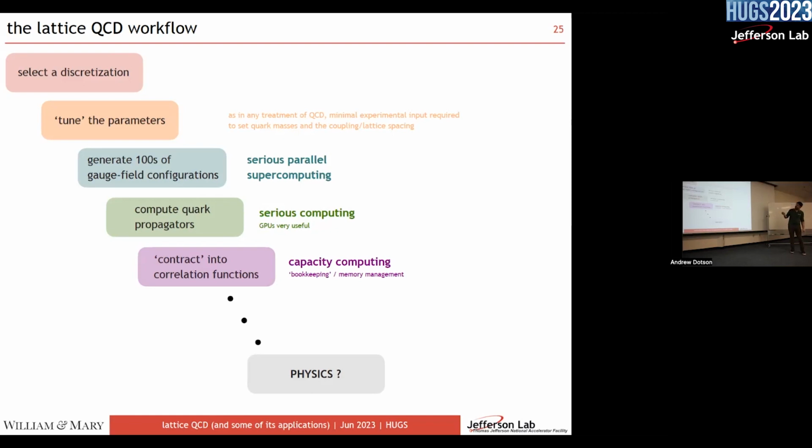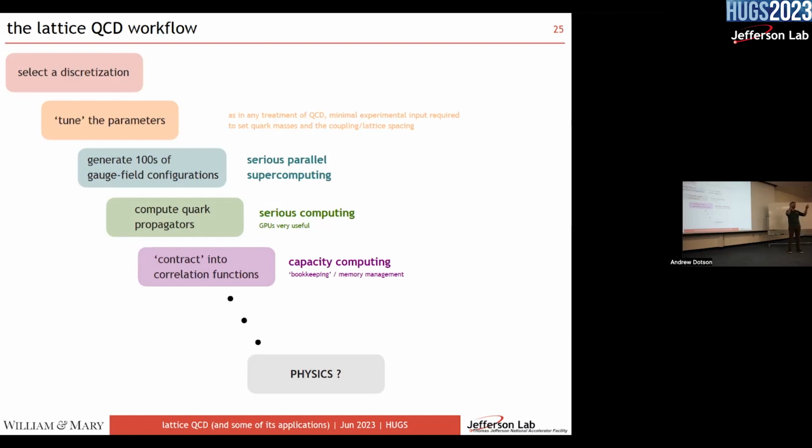The main thing about selecting a discretization is to try to find one that approaches A goes to 0 as fast as possible, so calculations at a finite value of A are already very close to the A goes to 0 result. The analogy there is finite differences for derivatives, right?